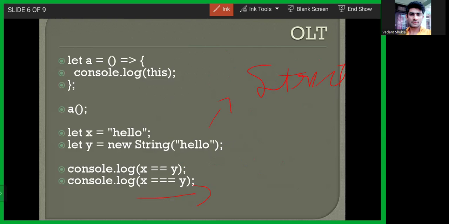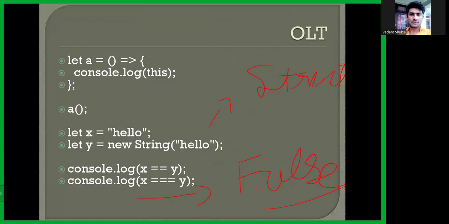In this case, x and y are two different types, so the comparison will always be false, because it's a string and an object string.